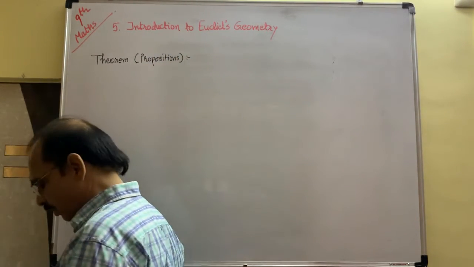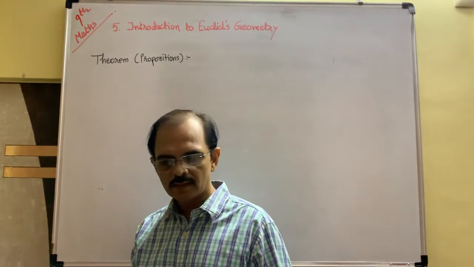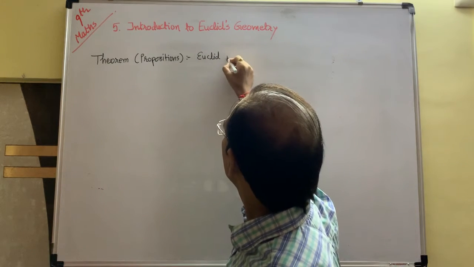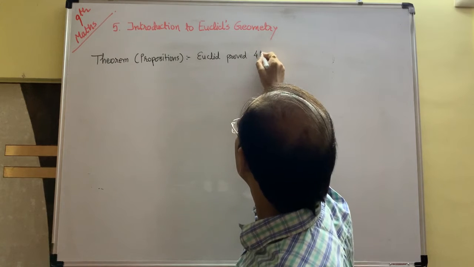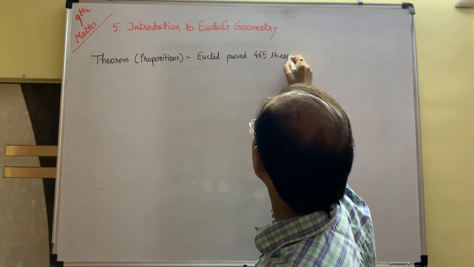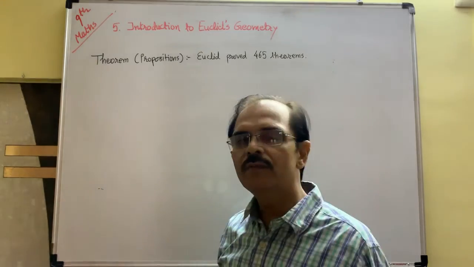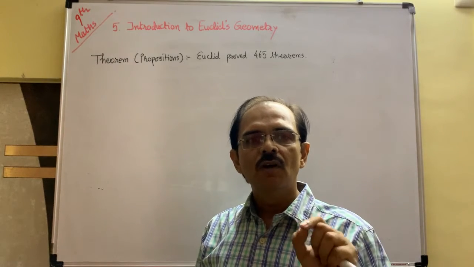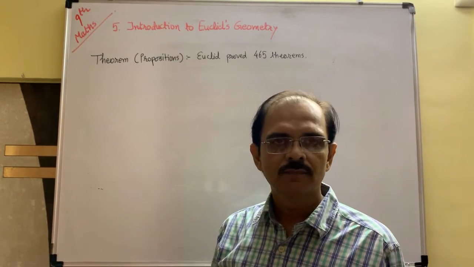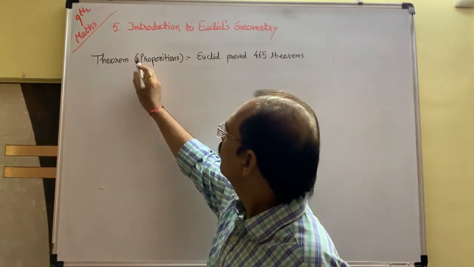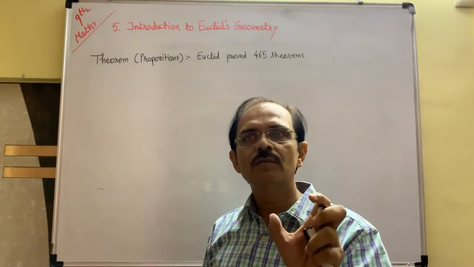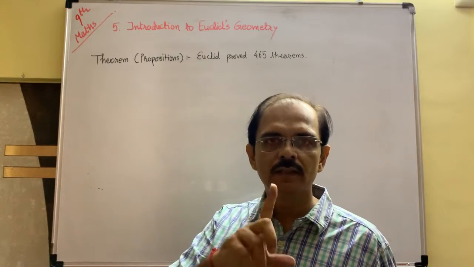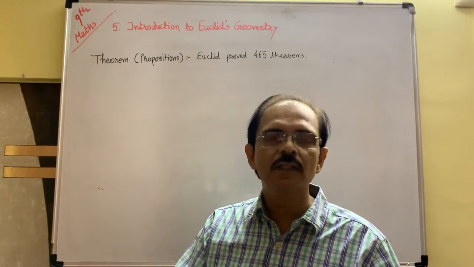In this way, Euclid proved 465 propositions, 465 theorems, with the help of previously accepted definitions, axioms or postulates. A theorem means a statement. Suppose the sum of the three angles, or the sum of the angles of a triangle, is 180. This is the proposition, this is the theorem, this is the statement.